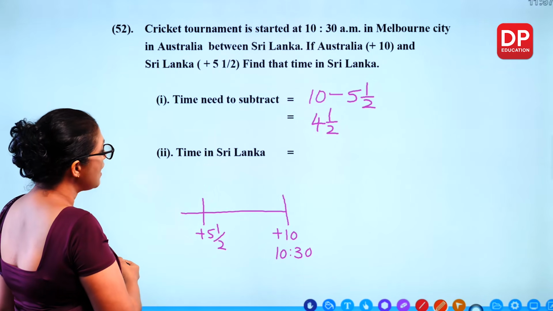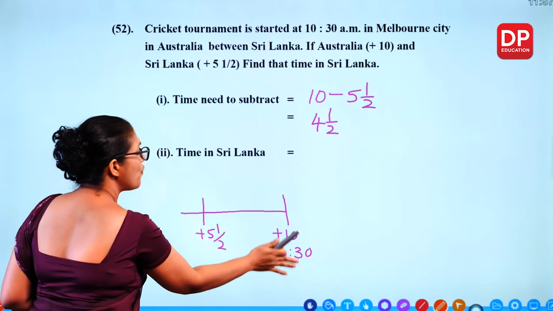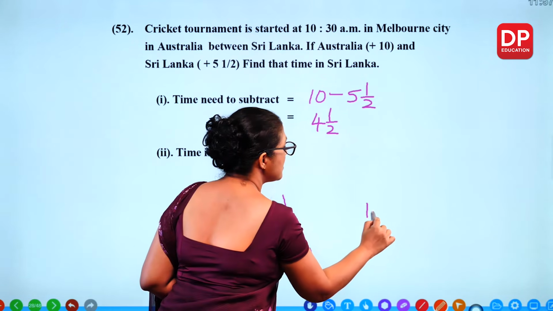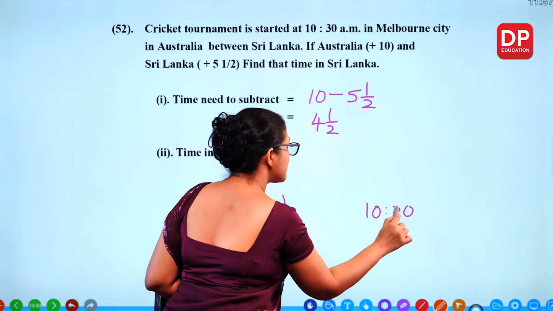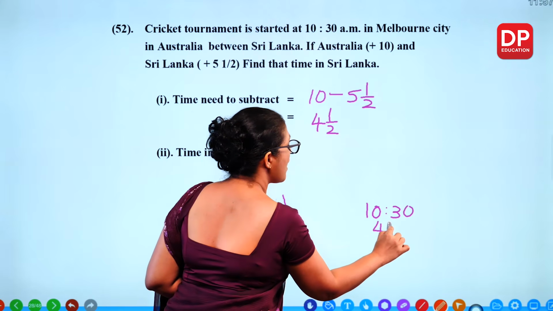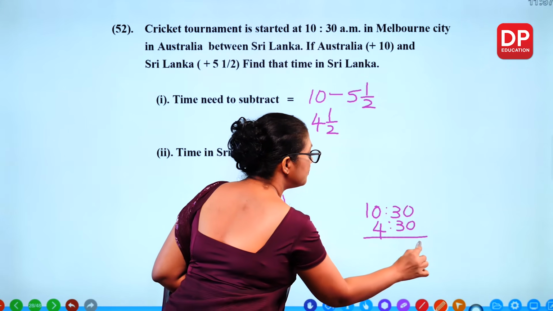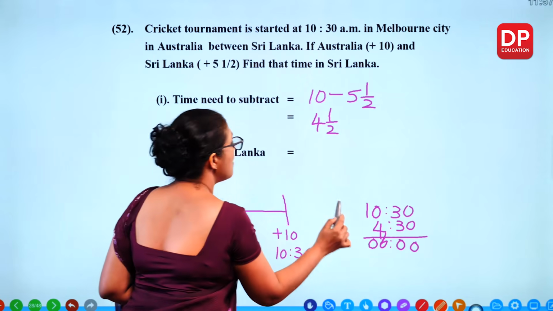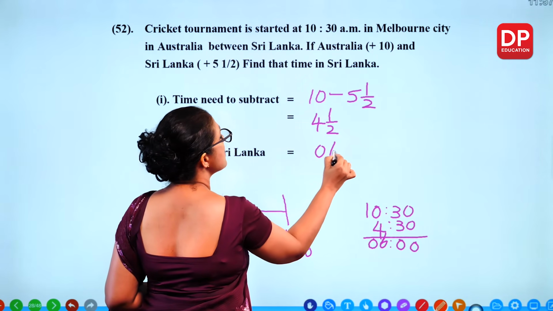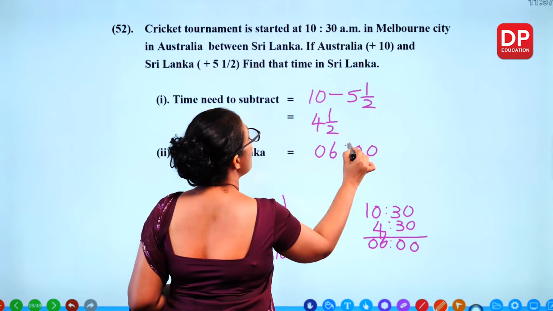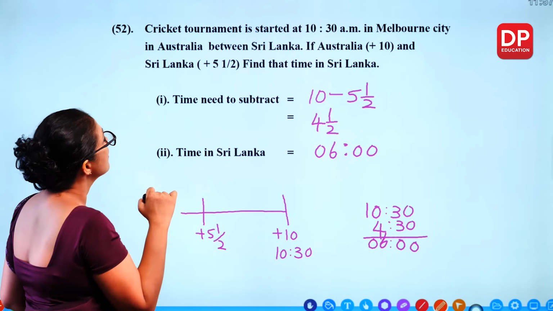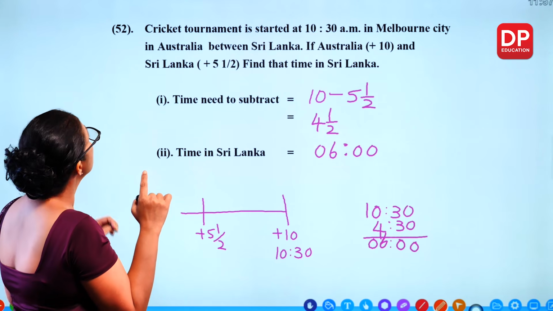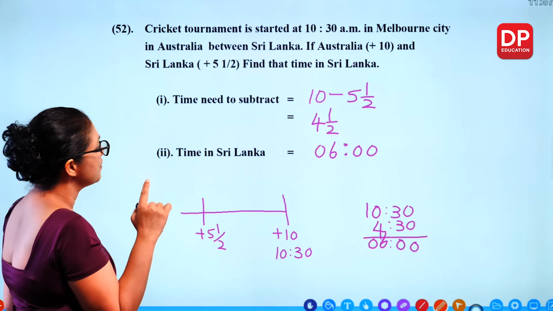So for the time in Sri Lanka, subtract 4:30 from 10:30. So 10:30, that's in the morning. Subtract 4:30 from that. You get 6 in the morning. So this is 6 in the morning, same day.